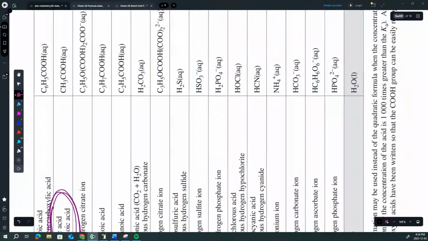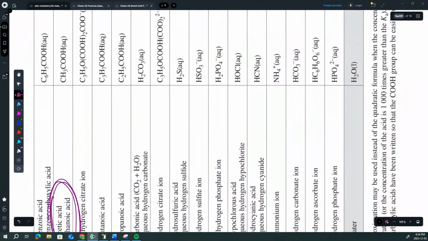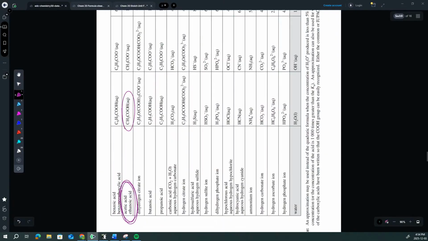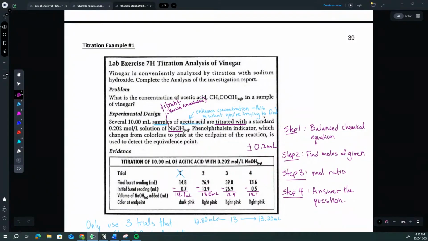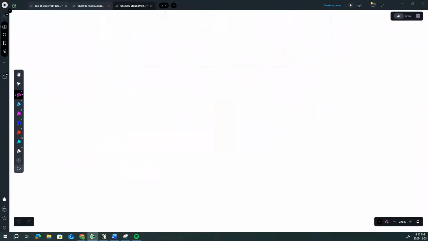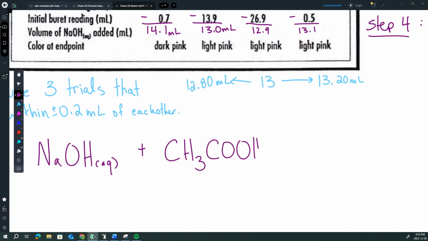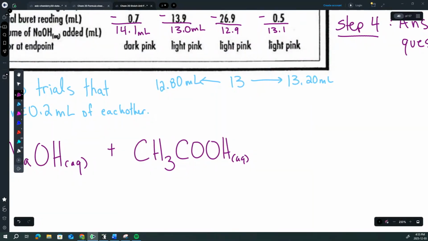So the formula for acetic acid is CH3COOH. If you're looking for an acid formula, you might need to look on page 8 and 9 of your data booklet. And that's going to be aqueous because acids are always aqueous.